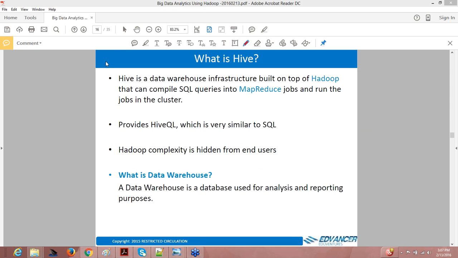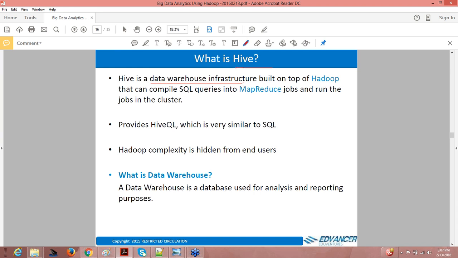Now, coming to the actual agenda, you are interested in knowing how to do analytics using Hadoop. So in this session, we're going to use Hive. So what is Hive? Hive is a data warehouse infrastructure built on top of Hadoop. So what's a data warehouse? A data warehouse is a store where we store the data that we collect from different sources.